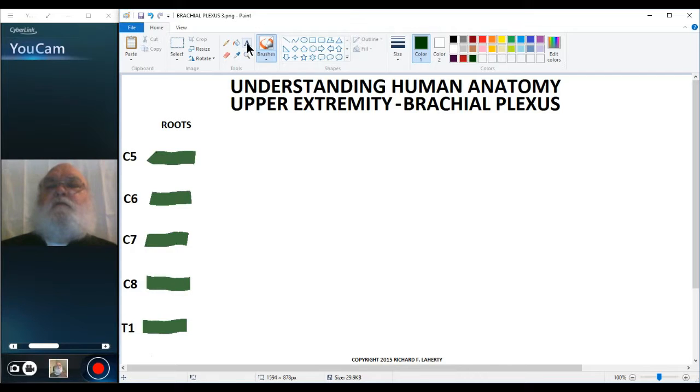Now, the roots are going to come together to form 3 trunks.